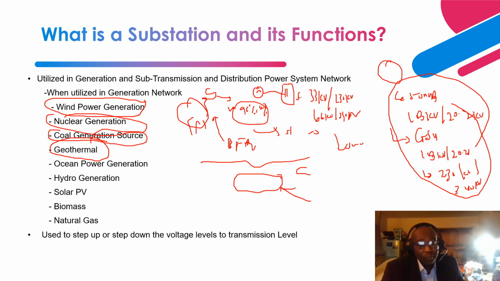Similarly, for a coal generation source, you have heat created from the burning of pulverized coal, and you have a feed water heater that gains the heat from the burnt coal and turns into steam. So the same thing applies to the geothermal energy source, right?